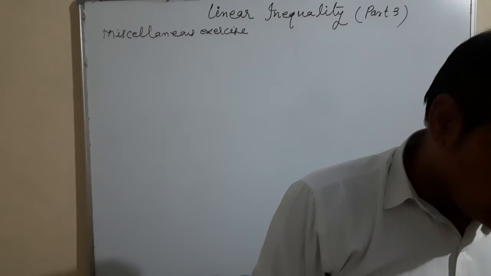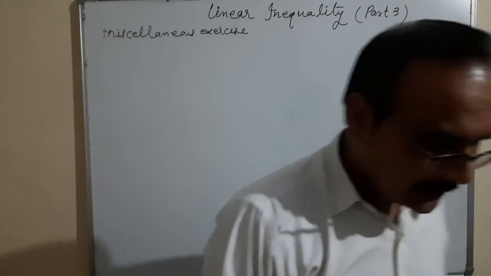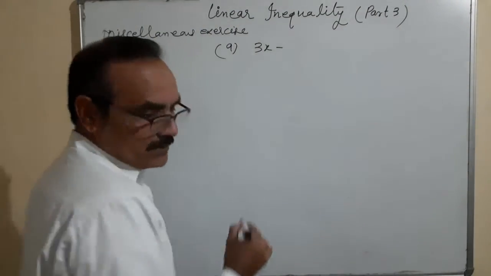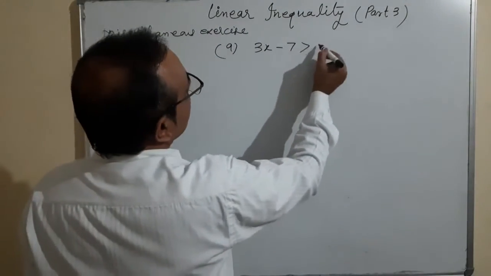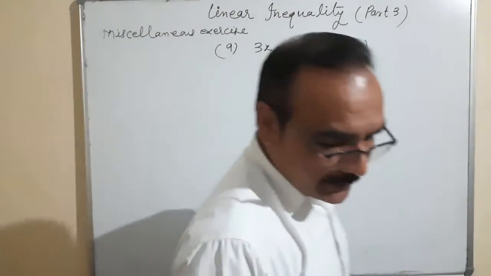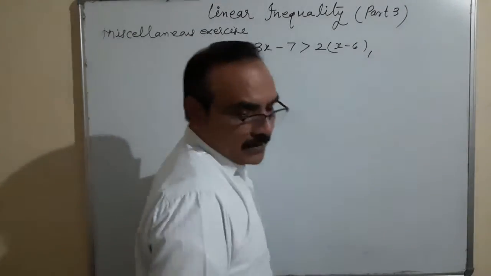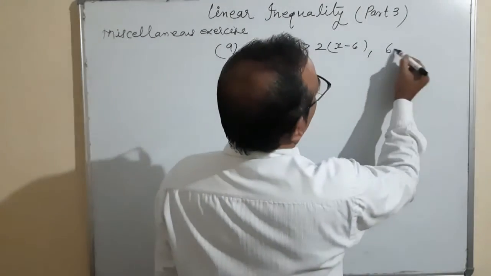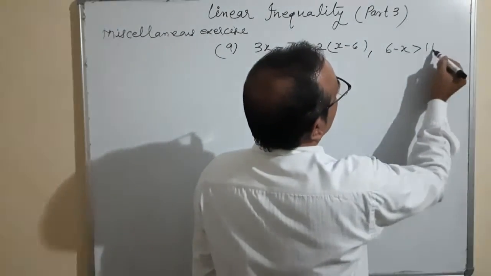Now let me take question number 9. Okay, 3x minus 7 is greater than 2 in bracket x minus 6, and 6 minus x is greater than 11 minus 2x.